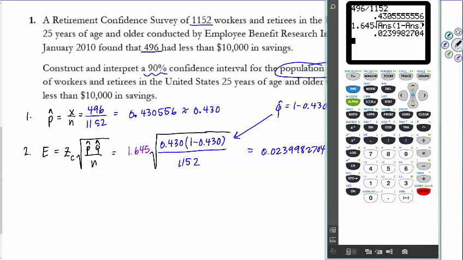Then the third step, create the lower and the upper bound. So that's p hat plus or minus the margin of error. We'll make a lower bound when we subtract and an upper bound when we add them. So p hat 0.430 plus 0.023998 and so on.